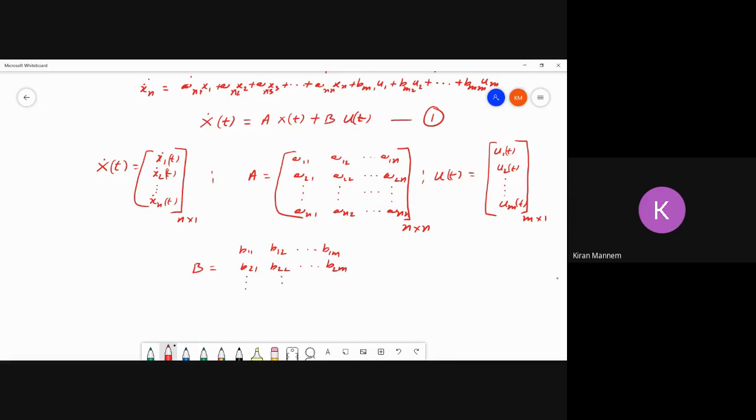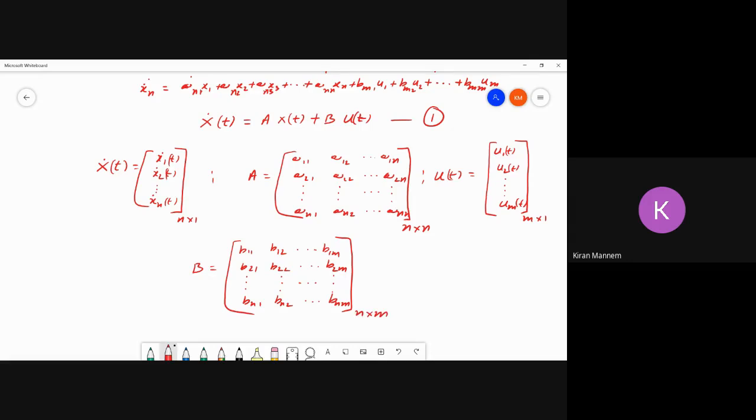I'll put here 3 dots till Bn1, Bn2, Bnm, which is n by m matrix.